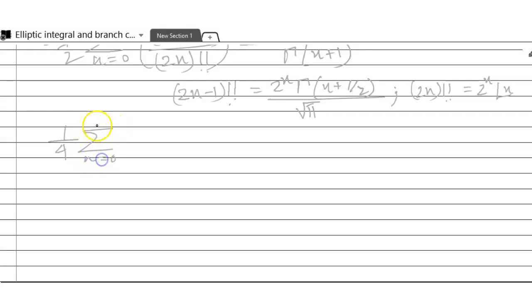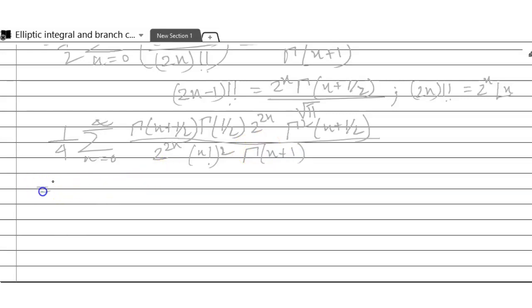Summation n equals 0 to infinity gamma n plus half gamma 1 by 2, half to the power 2n, gamma square n plus half divided by 2 to the power 2n, n factorial whole square, gamma n plus 1.